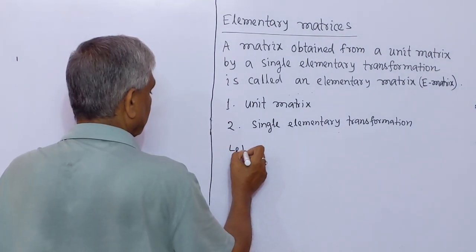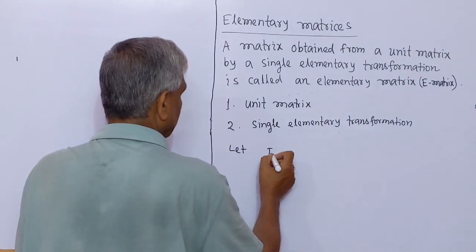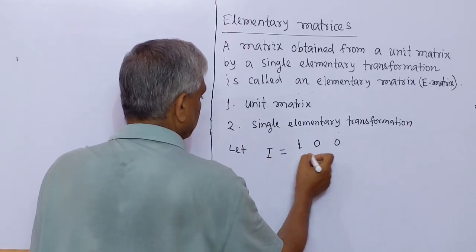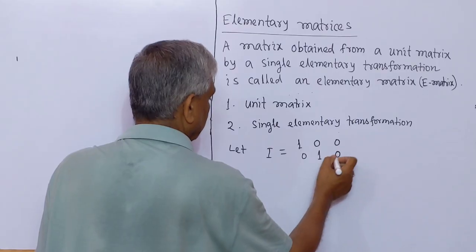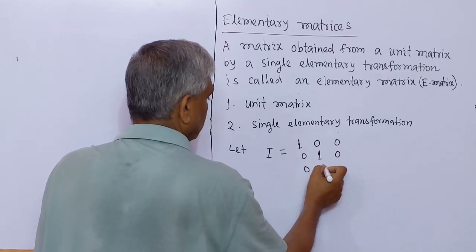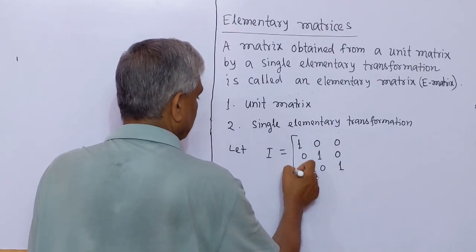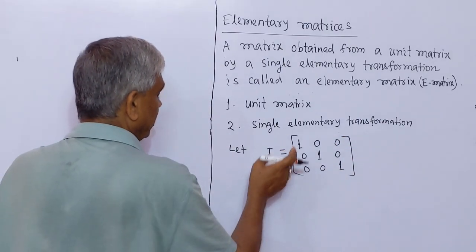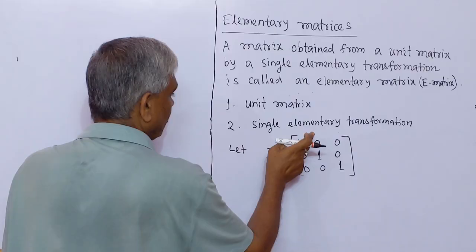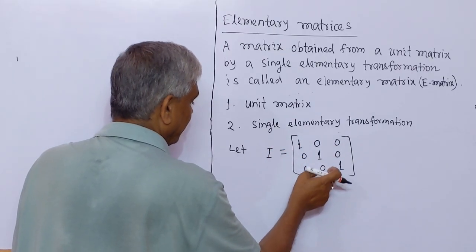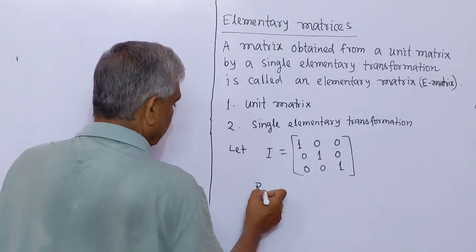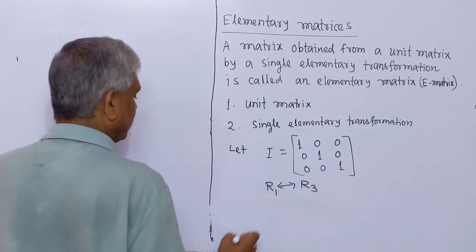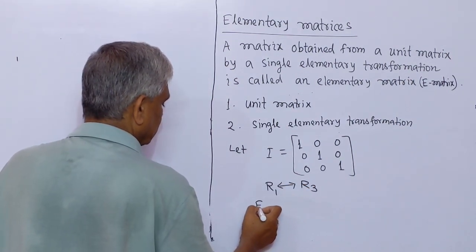Let the unit matrix of order 3 be denoted by 1 0 0, 0 1 0, 0 0 1. This is the unit matrix of order 3. Now we interchange the first row and third row, R1 and R3. We get a matrix.